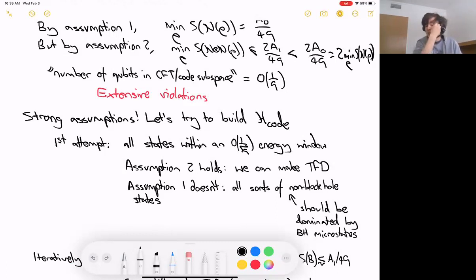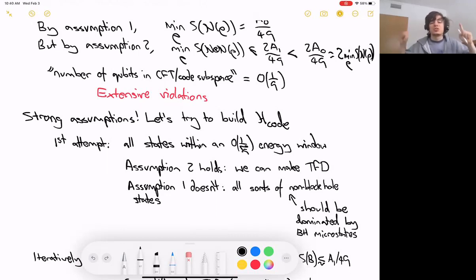It will include states, for example, that look like perturbations about vacuum AdS with a load of radiation really far out near the boundary. That can account for the energy, so that's a state that's in this window, and so it will be in this code subspace. And it will have a very different entropy, that can be smaller than A1 maybe, depending on exactly what the state is. But it's certainly true that we shouldn't expect this H code to obey assumption 1 yet.